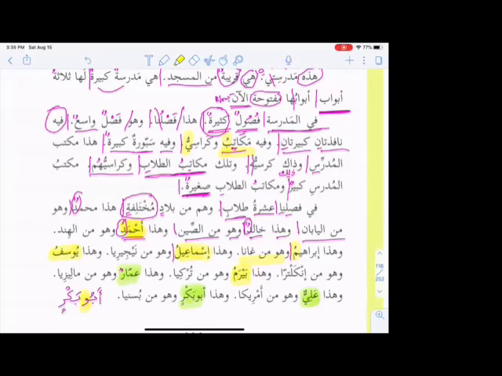They are Asmaul Khamsa, 5 special nouns. When they come as mudaf, they have different endings. They are marfu bil waw and mansub bil alif and majrur bil ya. Remember?